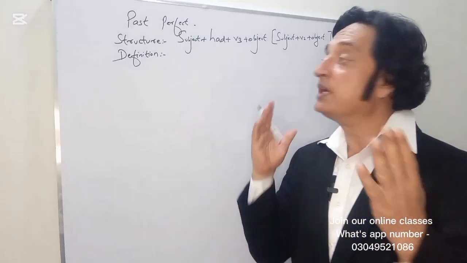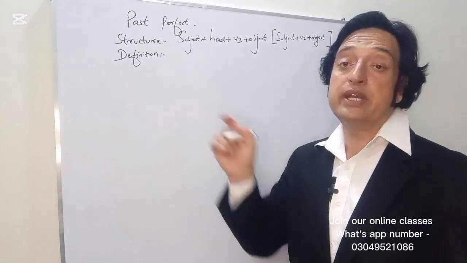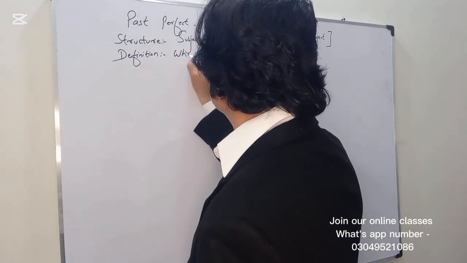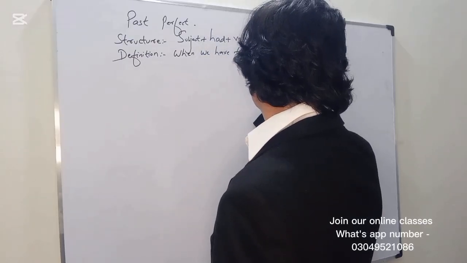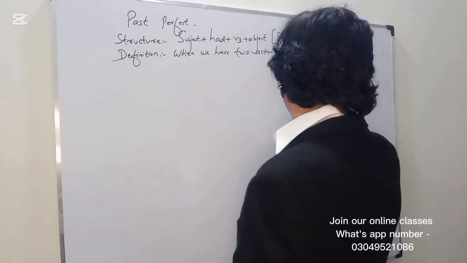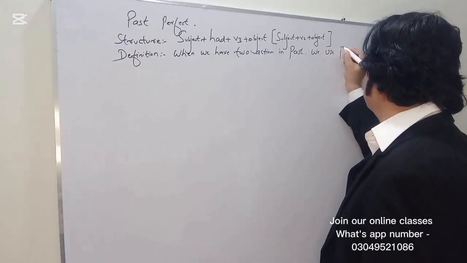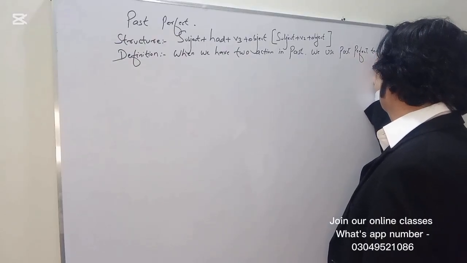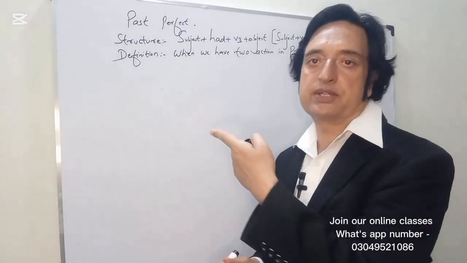If you are not aware of the definition, where this tense is used, you wouldn't be able to make sentences. So the definition: when we have two actions in the past, we use past perfect tense.